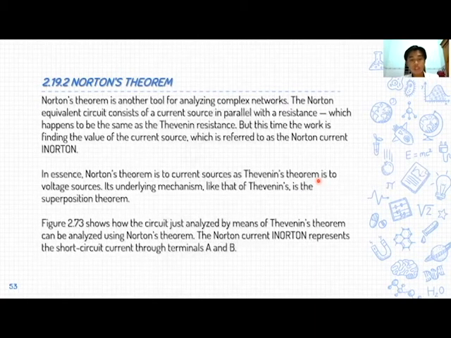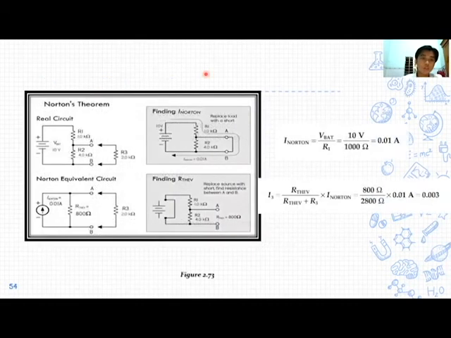Okay, move on to Norton theorem. Norton theorem is similar to Thevenin theorem, but instead of considering a voltage source in series with the resistor, Norton considers a current source in parallel with the resistor. Okay, here's how it works. First, we also remove the load R3 here and replace it with a short.